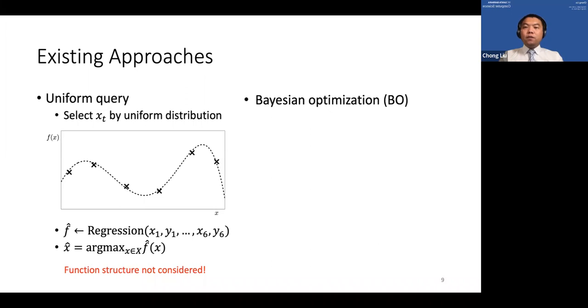There is a line of successful research called Bayesian optimization. That uses the active query method. The key idea is that they assume the true function f is drawn from some Gaussian process, and they rely on the Gaussian process prior and Gaussian process posterior to update the belief of the model, and then do the active query.